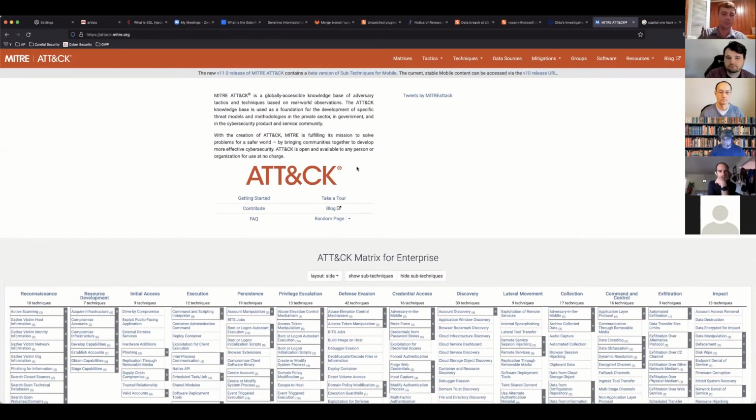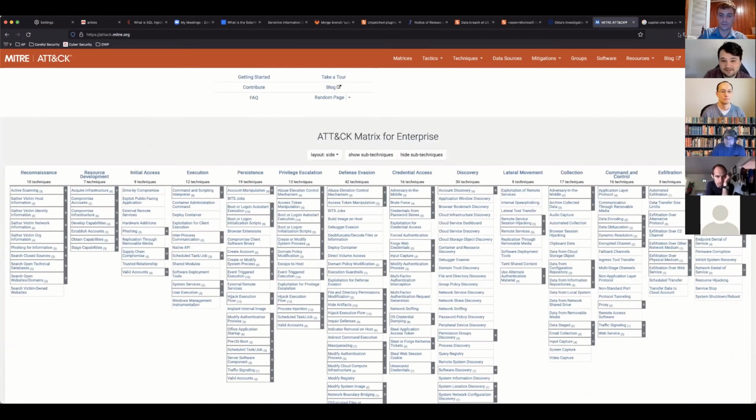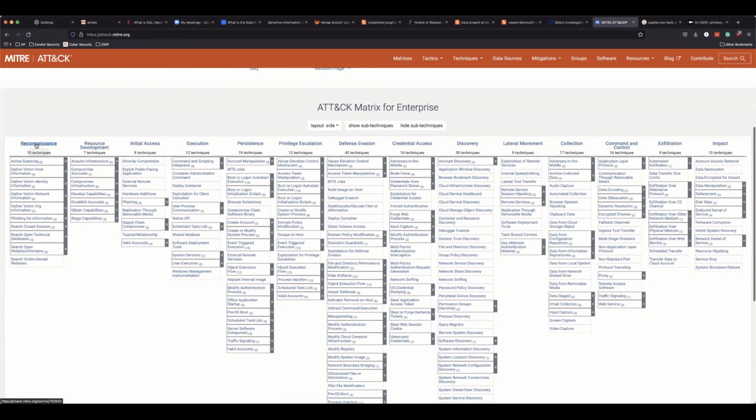Oh, excellent. Repeat the name of that site? Yeah, here's the link to that site. I was actually planning to bring it up. So attack.mitre.org, right? So you can look at all the adversary techniques, right? This is the initial reconnaissance, how they gather information, they phish, then they compromise an account, then they do initial access, then they execute the malware.